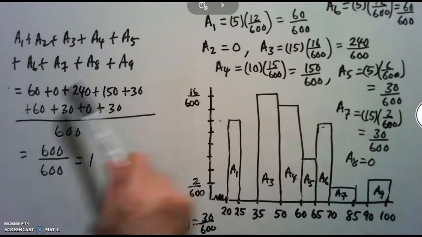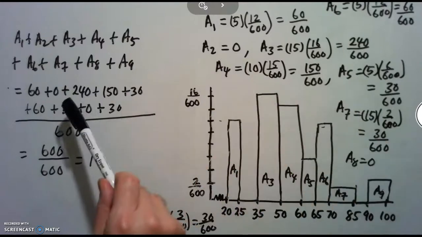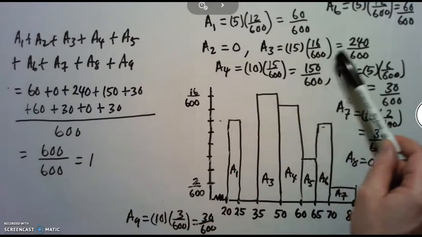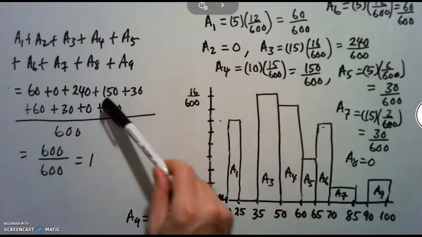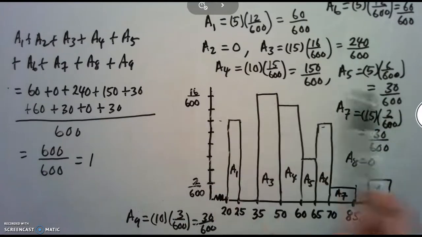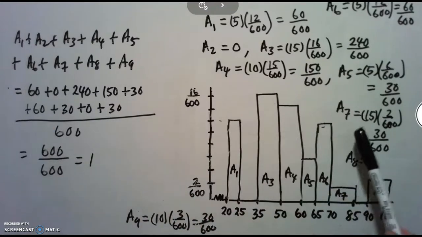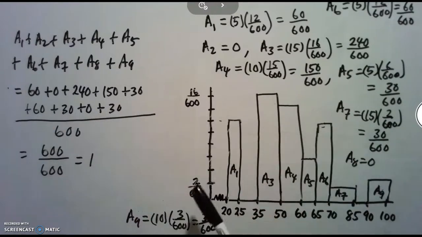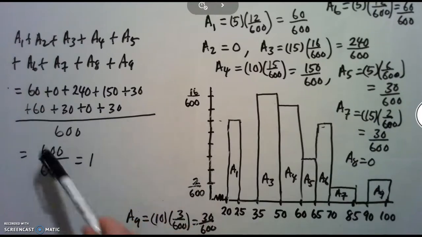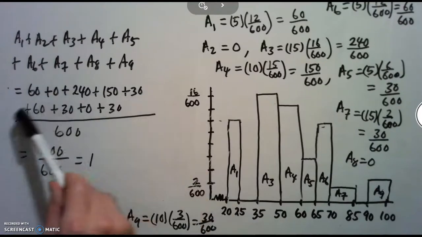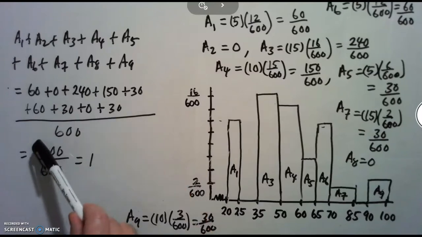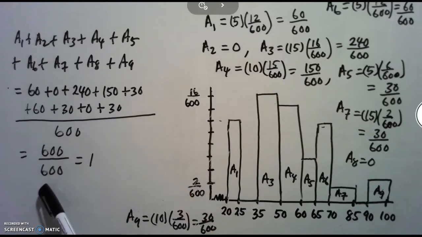A1 has a 60 on top, A2 has a 0, A3 has a 240, A4 has a 150, A5 has a 30, A6 has a 60, A7 has a 30, A8 has a 0, A9 has a 30. When you add all those guys up, on top you get 600. So it'd be 600 over 600, so it would be 1. So we've shown for this example that the sum of all the areas equals 1.